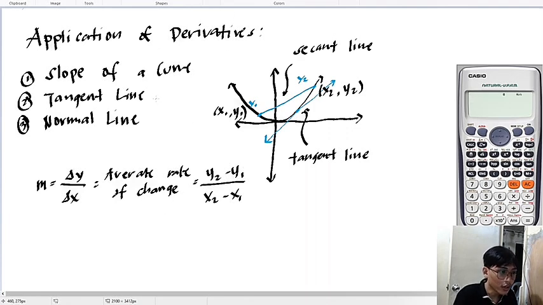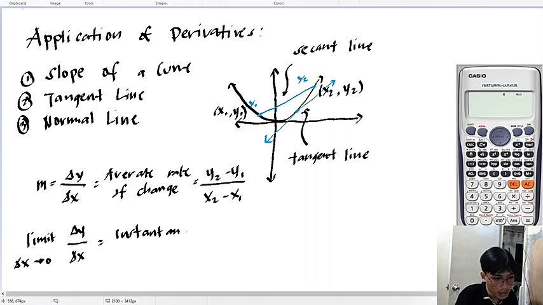So again, recall the basic definition of derivative: we take the limit of this change of y over change of x as change of x approaches 0. This will be your instantaneous rate of change, which is equal to the first derivative of the function.